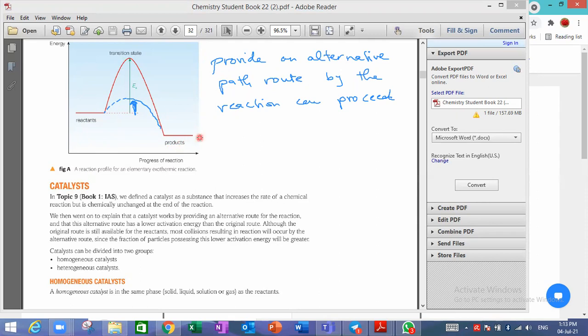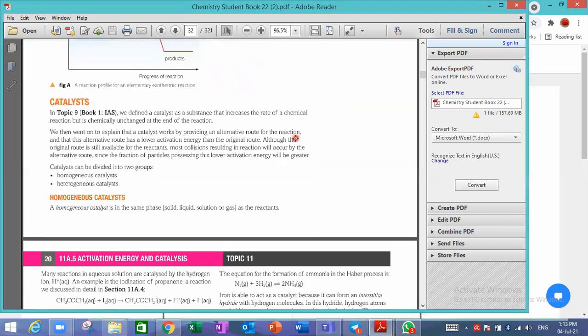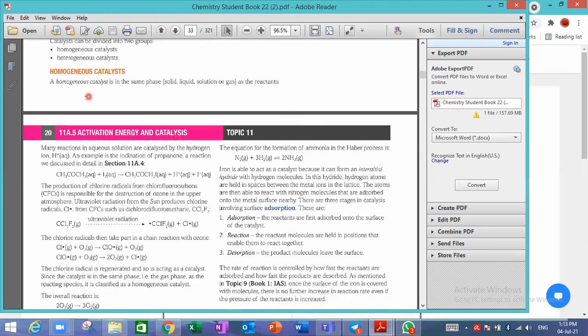Now, we have two types of catalysts. We have homogeneous catalysts and we have heterogeneous catalysts. Of course, from their names, homo means like each other, and hetero means not like each other. They are different from each other. Now, a homogeneous catalyst means that the catalyst has the same phase as the reactants.